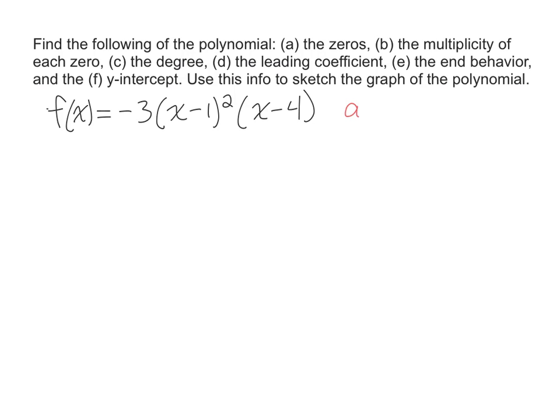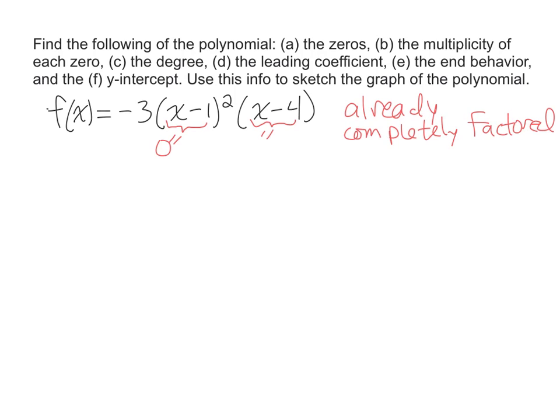Luckily, this is already completely factored. What that allows us to do is find each zero by setting each factor equal to 0 and solving for x.